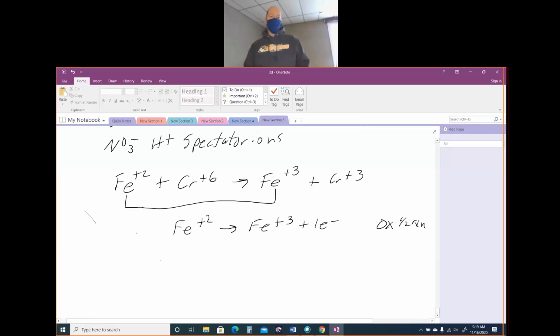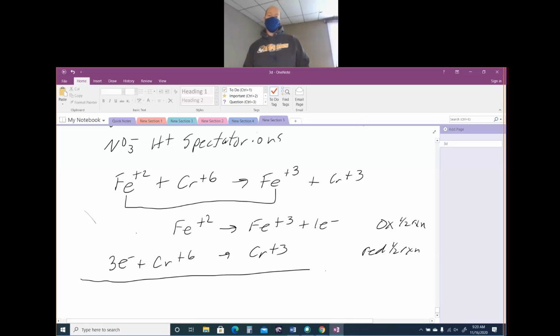When you have your Cr plus 6 going to Cr plus 3, you see it's reducing from a plus 6 oxidation to a plus 3. So this is your reduction half reaction. And on this one, you see that we need 3 electrons. All right.